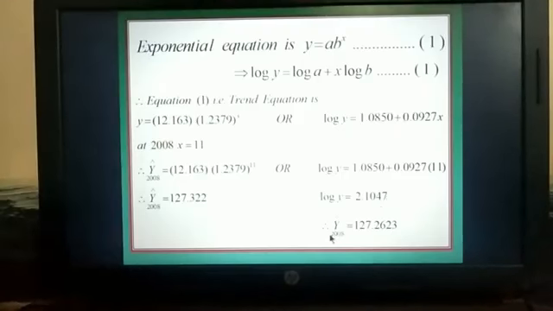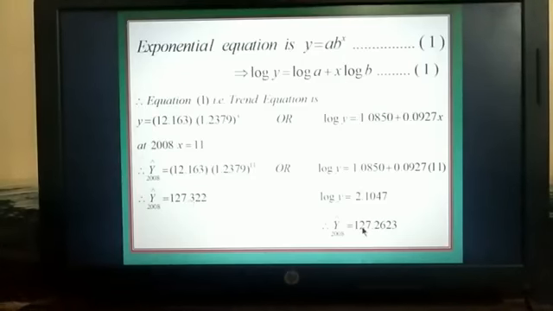Therefore Y cap 2008 is equal to 127.2623, as the anti-logarithm of this particular value, because log Y is equal to this, Y is equal to anti-log of this value. So anti-log of 2.1047 will be 127.2623.